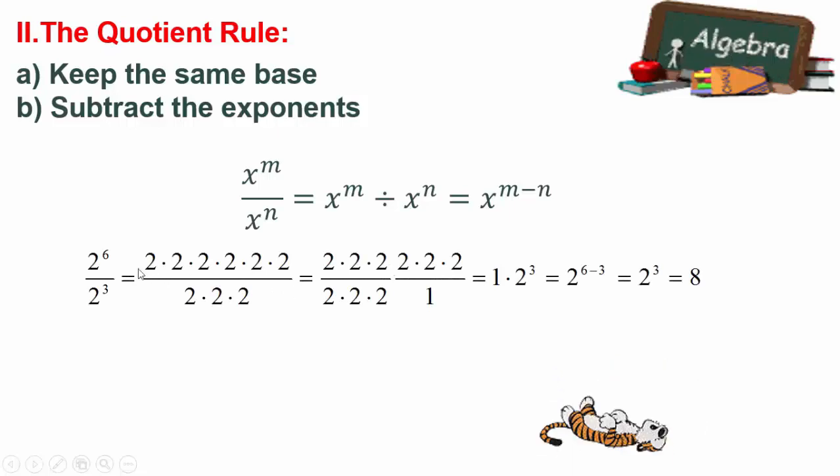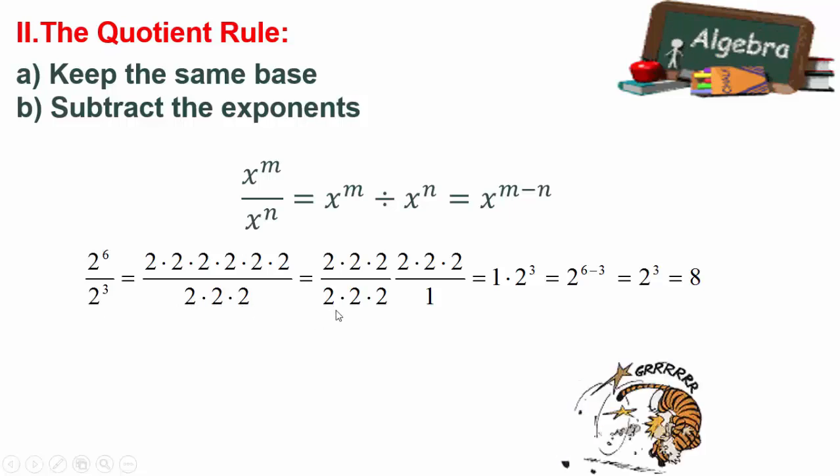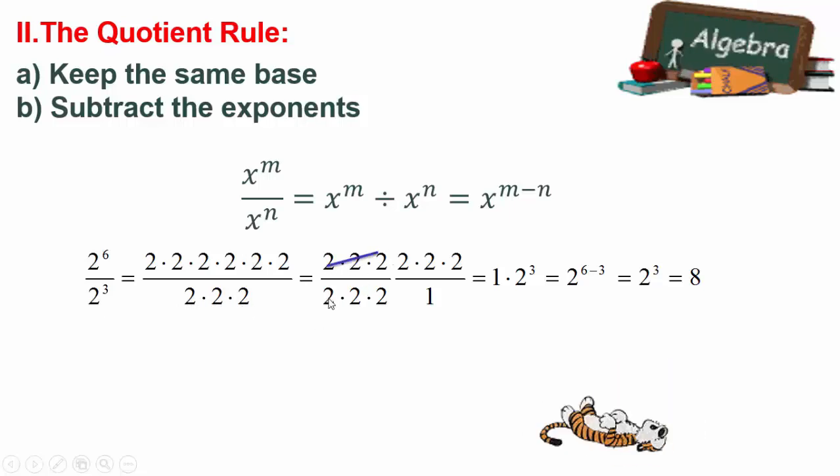For example, the reason we can do this, so if we have 2 to the 6th power divided by 2 to the 3, so I have 6th power means 2 times 2 times 2 times 2 times 2 times 2, and 2 to the 3rd is 2 times 2 times 2, and then I can cancel out 3 of these 2's from the top, 3 from the bottom, and I put this 1 in here as a placeholder, and that means that I have 2 times 2 times 2, or 2 cubed, and this is essentially 1 because they're exactly the same.